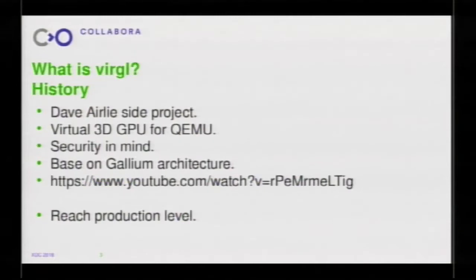He chose that architecture because he knows about it, and it's still the best architecture for virtualization. Dave did a talk 5 years ago when he started that project. This is the link if you want more details about the beginning of the project.